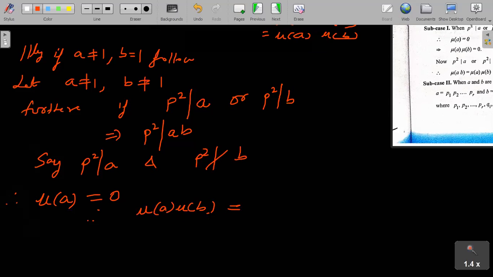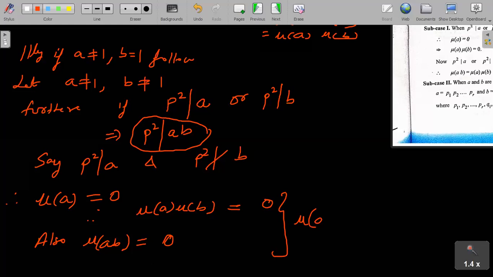Mu of a is 0, so the product will be 0. And what about mu of ab? You see p squared also divides ab, so mu of ab will also be 0. So mu of ab is equal to mu of a into mu of b. Done, children? Yes, ma'am.